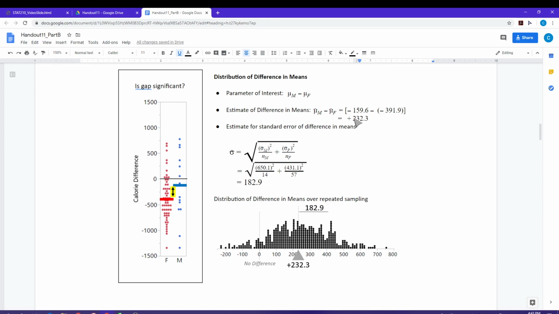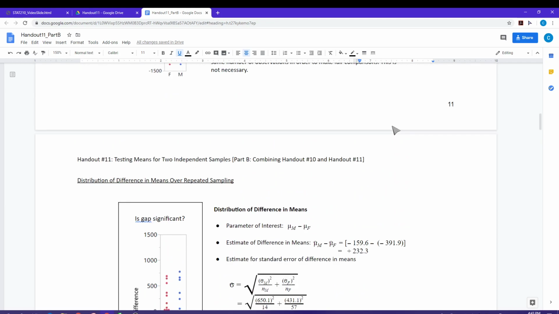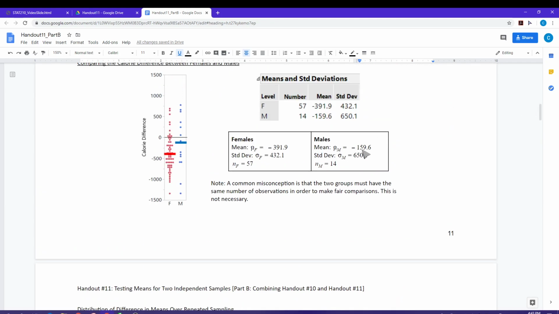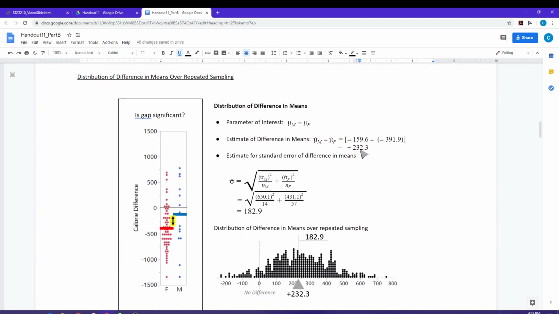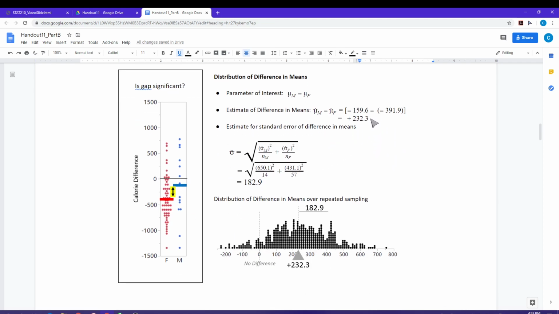So I'm going to take the two averages that I had, which were 159.6, the average for males, and subtract from it the average for females, which was minus 391. When I do that, I get a difference of 232. So that's just how big that gap is. We would call that the variation between the groups.